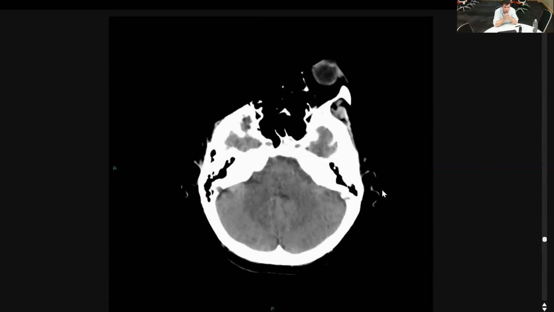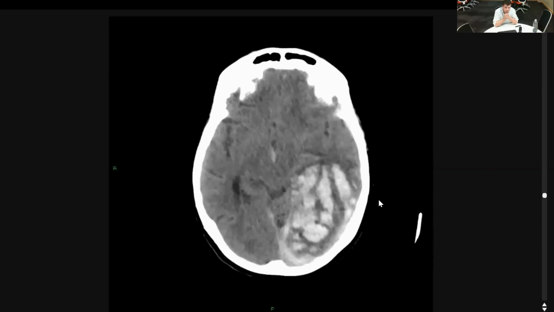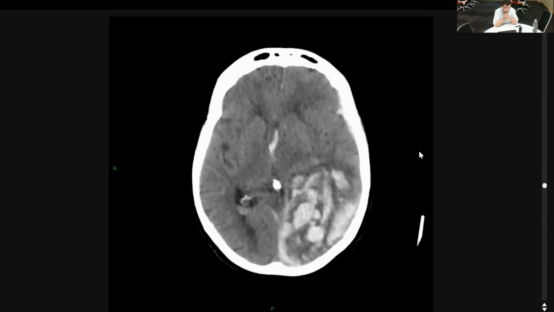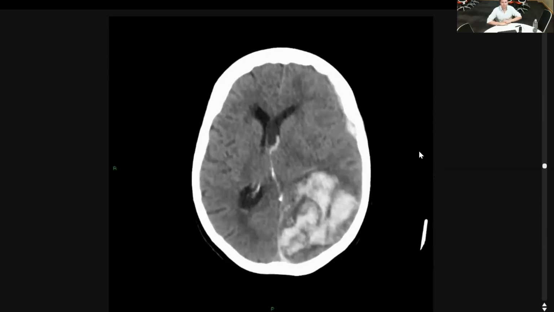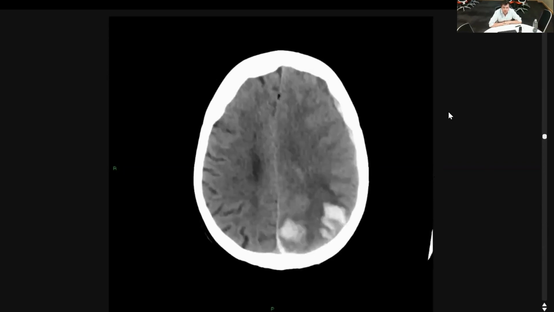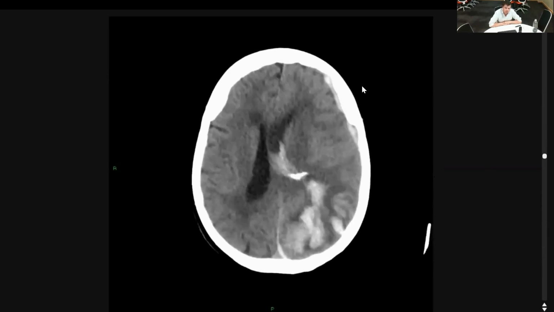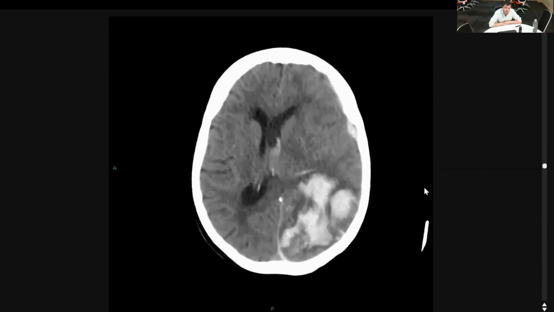Yep. But it's quite strange, like it's quite heterogeneous. And there's intraventricular extension of the blood as well. Yeah. At left lateral ventricle. And there's a small subdural on that side as well.